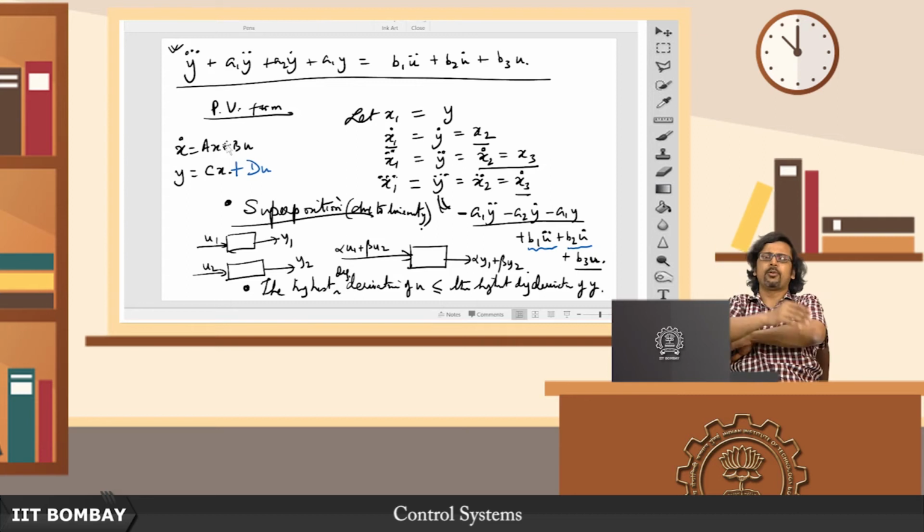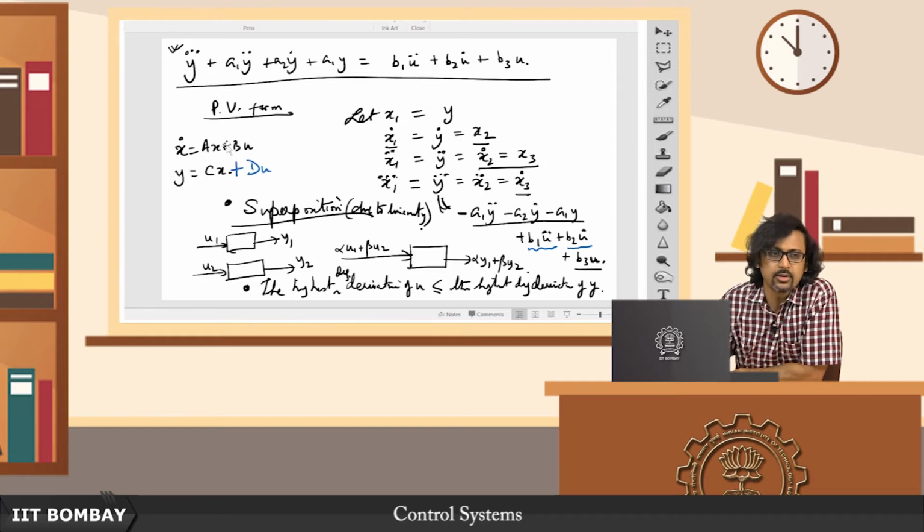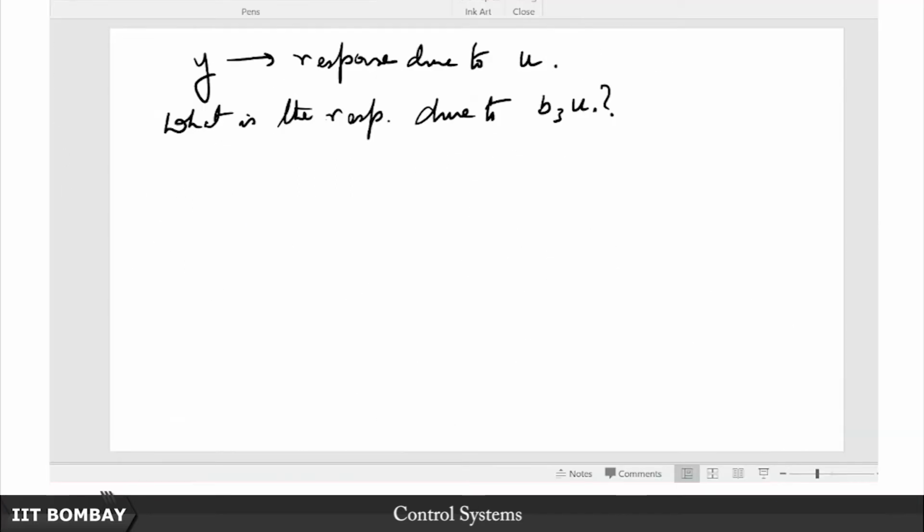Look, if the response of a system due to u is y, then what do you think the response of the system due to u dot is going to be, it is a linear system after all? It is going to be y dot, right? That is the essence, that is what allows us to represent things in this phase variable form. So the answer is going to be B3 times y.